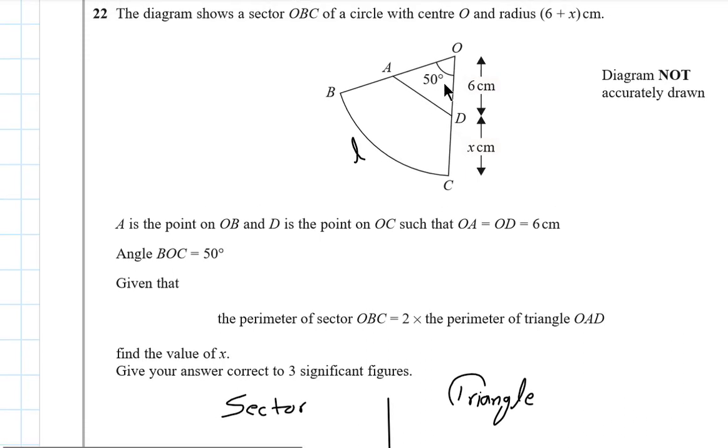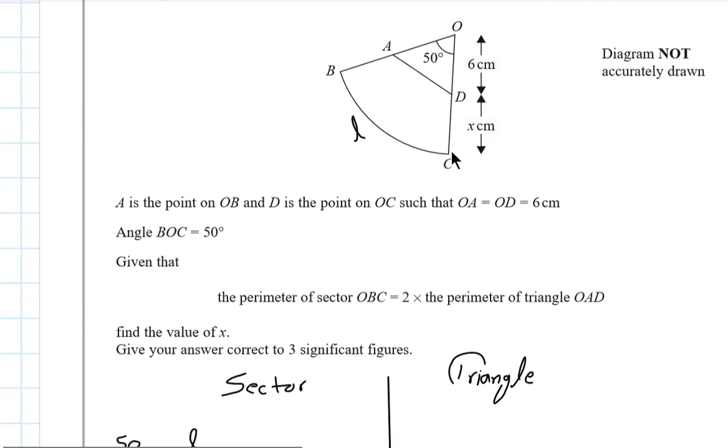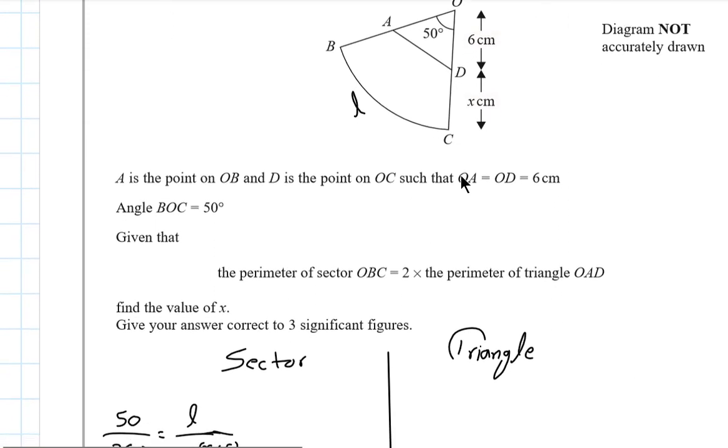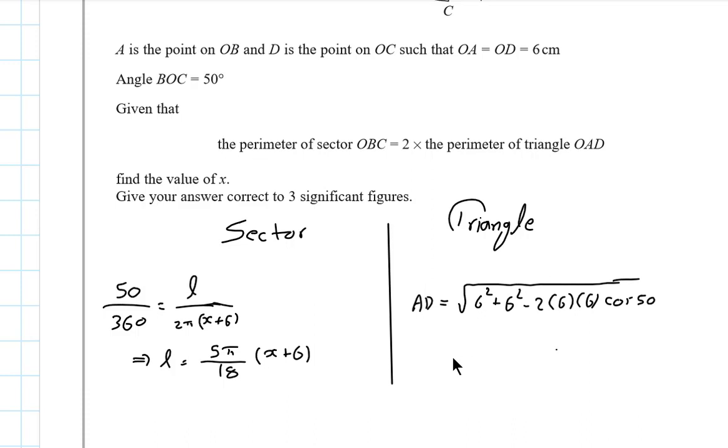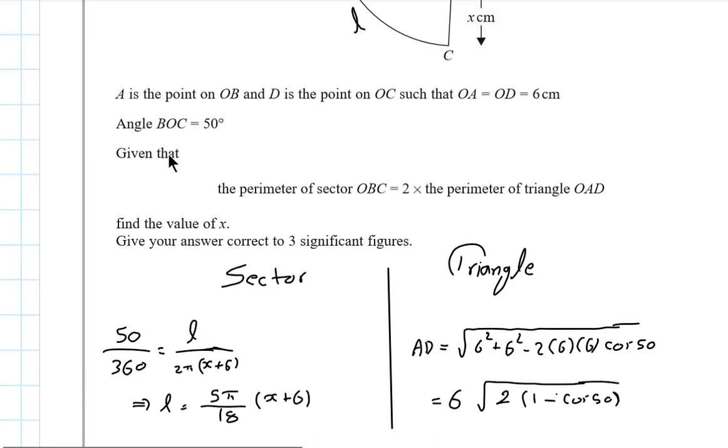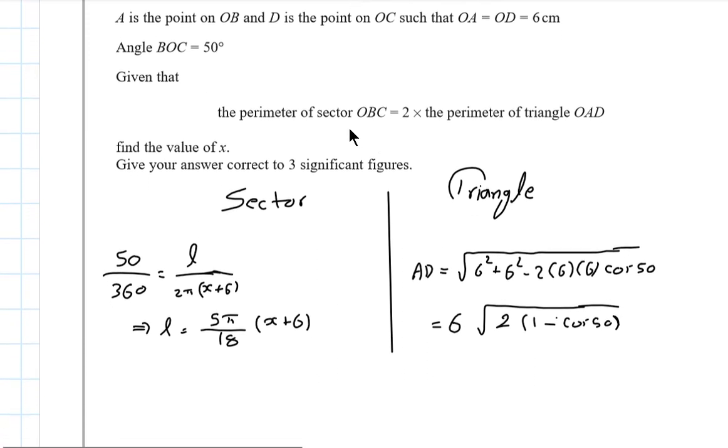For the triangle, to get the value of AD, we should apply the cosine rule, SAS, side angle side. So we can say that AD equals the square root of 6 squared plus 6 squared minus 2 times 6 times 6 times cosine 50, which is the square root of 72 minus 72 cosine 50, or 6 square root of 2 times 1 minus cosine 50. And then return to the important information here.